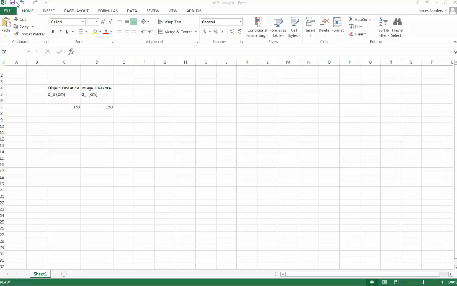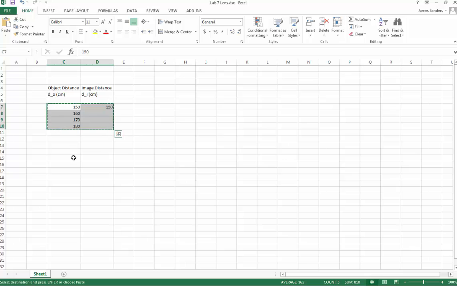What I'm going to do now is pick a few different object distances, and let's say that I am going to go in increments of 10, for example. So I'll put in 160, I'll put in 170, I'll put in 180, and actually I kind of want to go the other way as well.